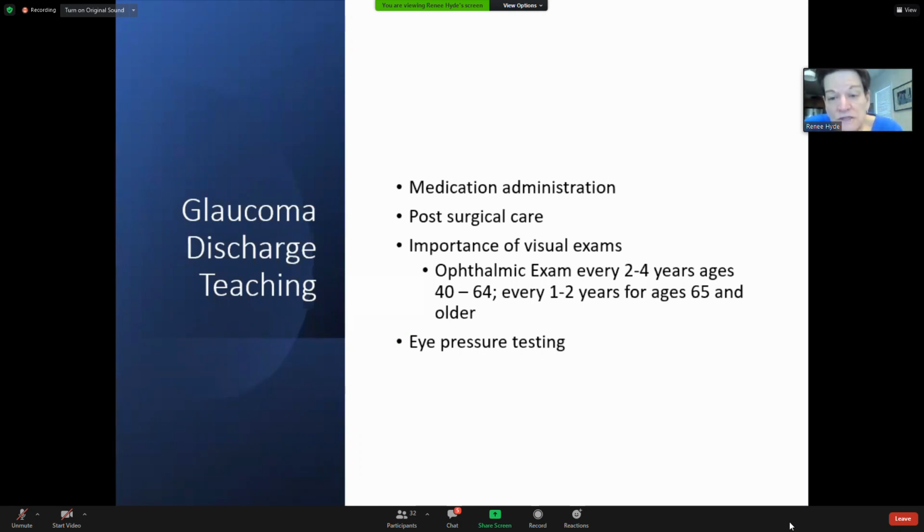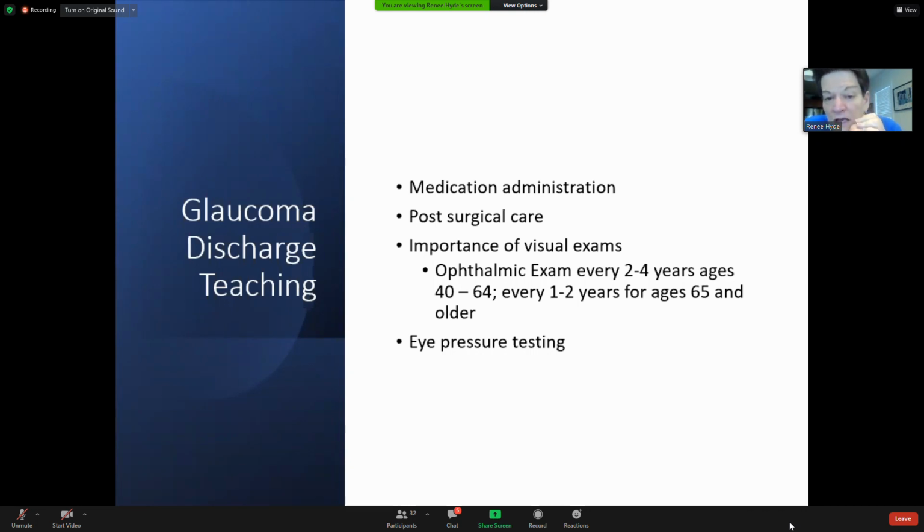With your patients with glaucoma, minimum visual exams every 2 to 4 years for ages 40 to 64, and every 1 to 2 years for ages 65 and older. And that includes not only visual acuity, but that pressure evaluation.